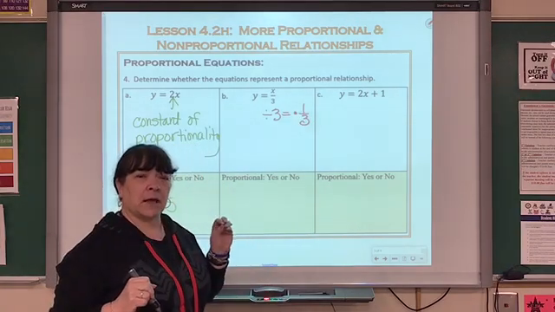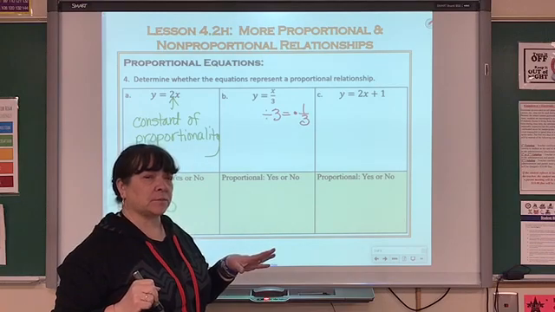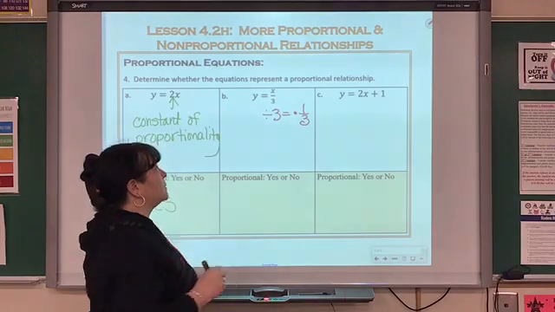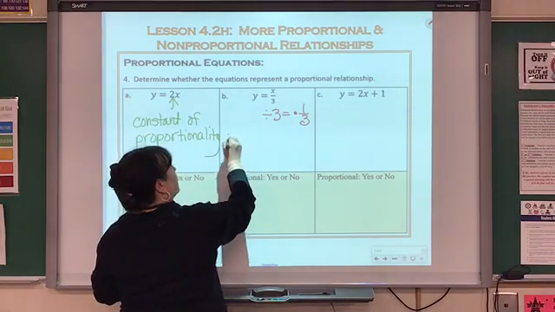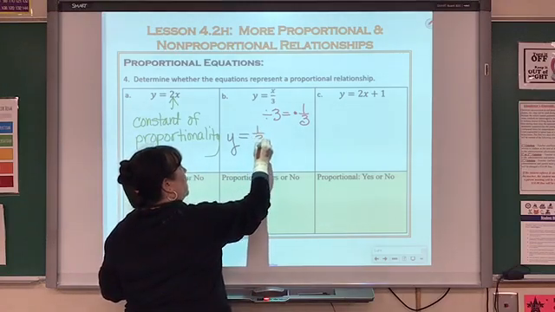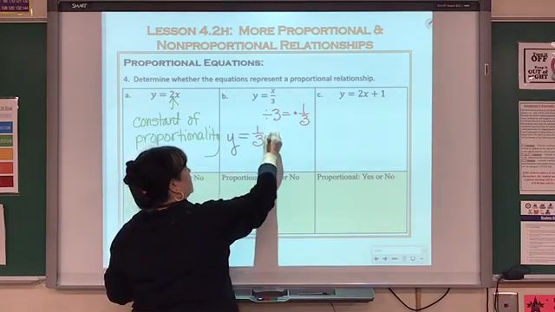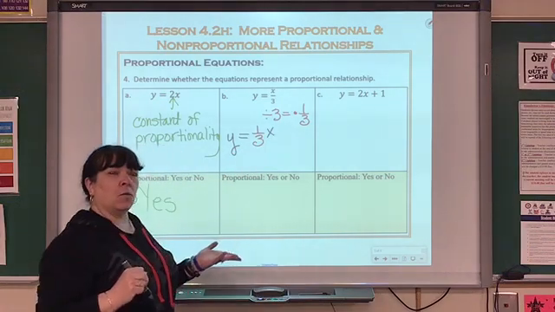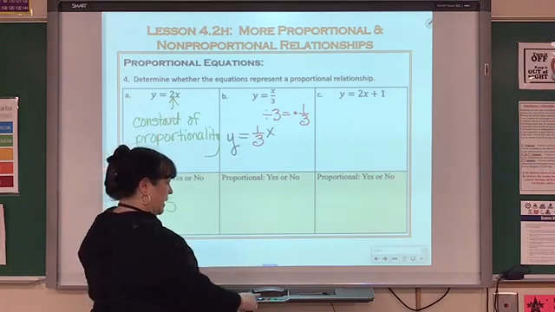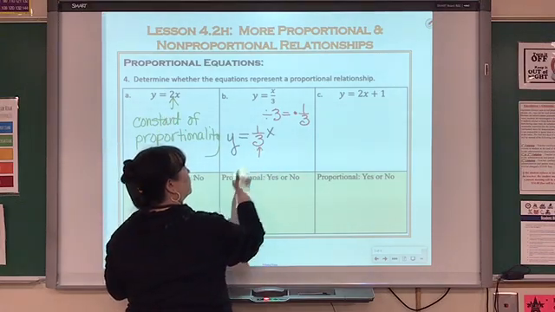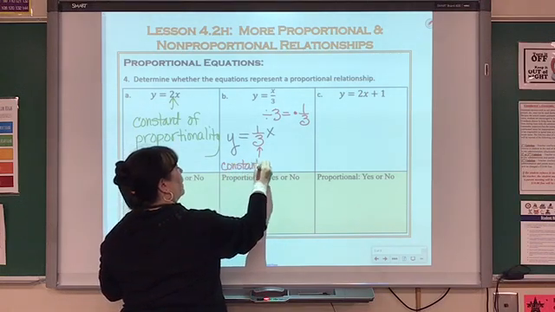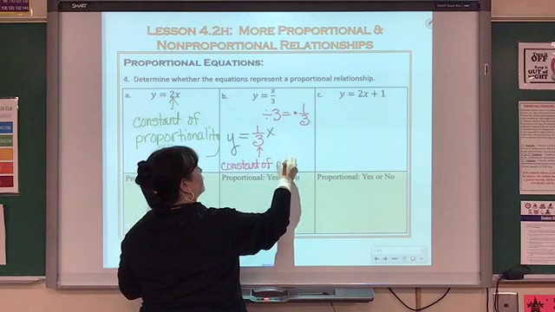We've been talking about that all along with fractions. When you can't divide, you can multiply by the reciprocal. So that means I could rewrite this problem as y equals 1/3 times x. Hey, now that looks like the previous one, and my 1/3 then is my constant of proportionality.